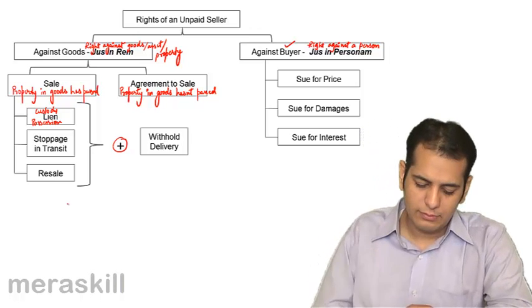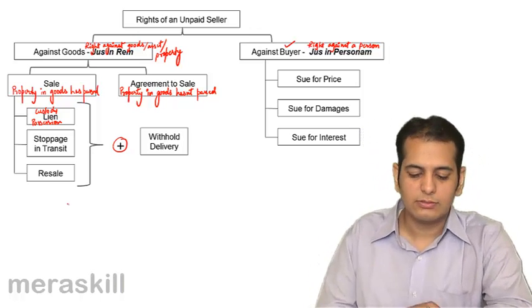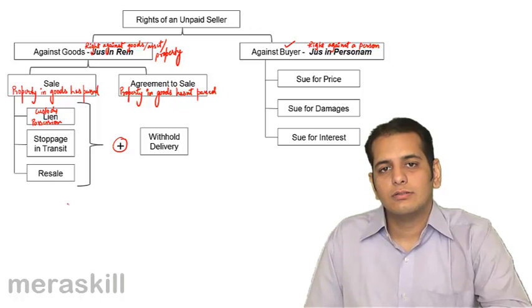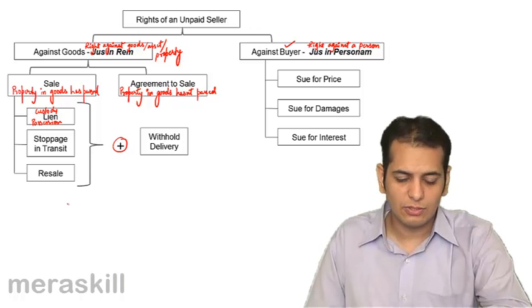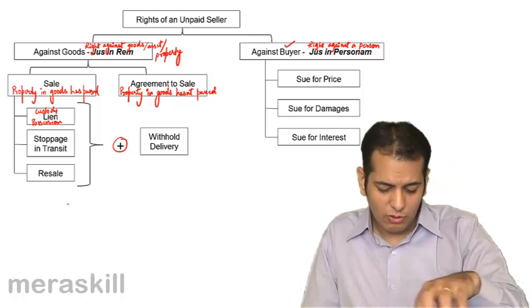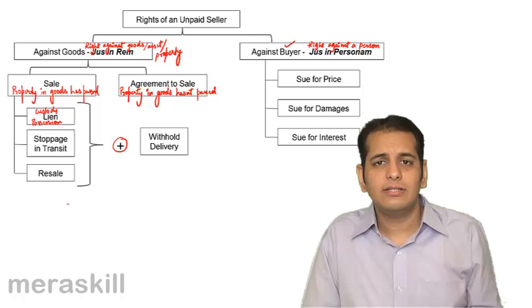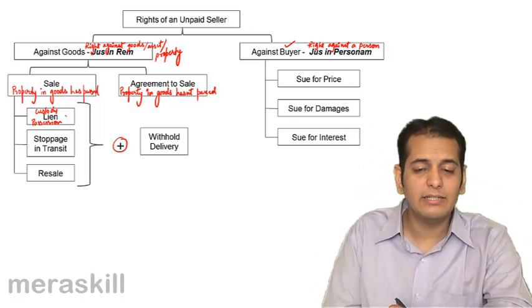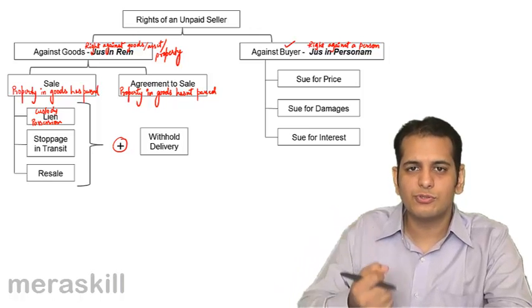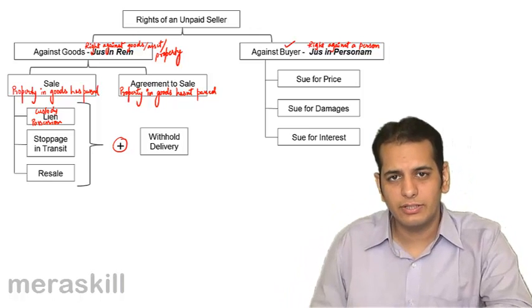Okay. So this is the portion of the right of the unpaid seller against the goods. In all these rights, you can see that these are exercised against the goods. Right of lien is against the goods. You retain the custody here.